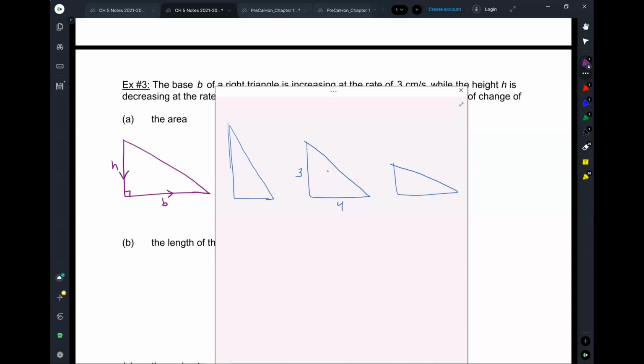Because let's just take area. When the triangle is this large, or maybe when it's this small, the area might be changing at a faster rate here and at a smaller rate here, depending on the situation, right? But we want to know at this particular point in time, what's the rate? Okay, so that's what we're doing.